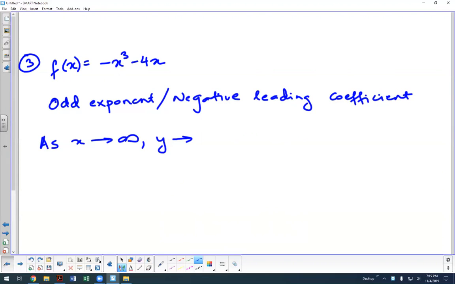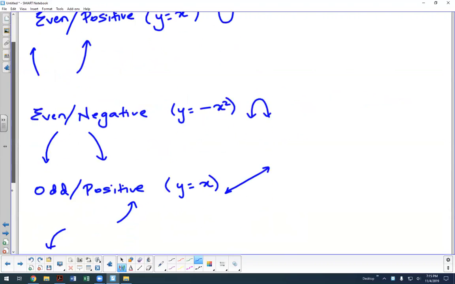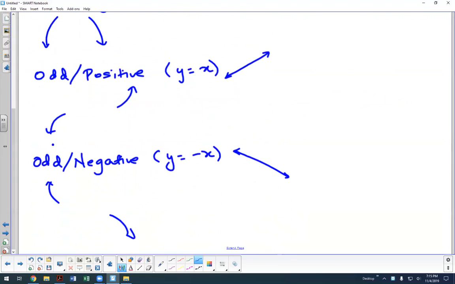Yes. Okay, quick check here. We're talking about odd and negative, right? So this is my shape of the graph, which means if x is going to positive, y is going down, which means it's going to negative. So obviously on this side, I'm going towards negative infinity.